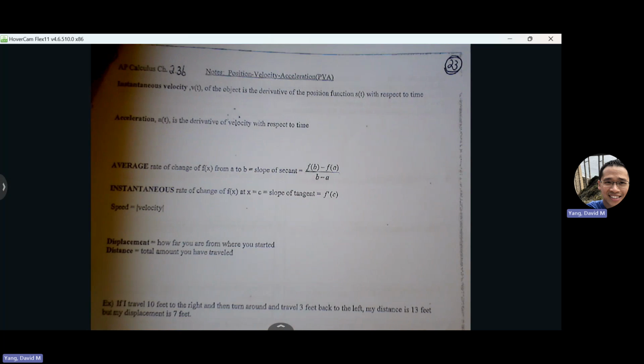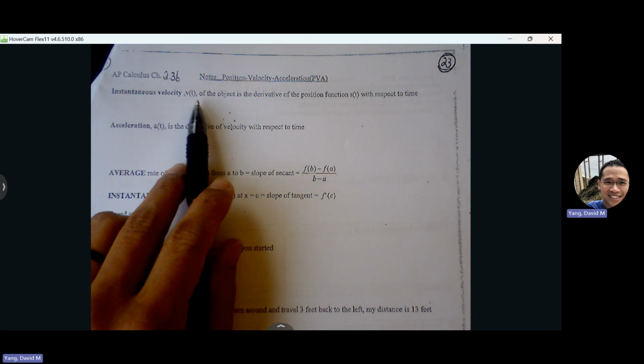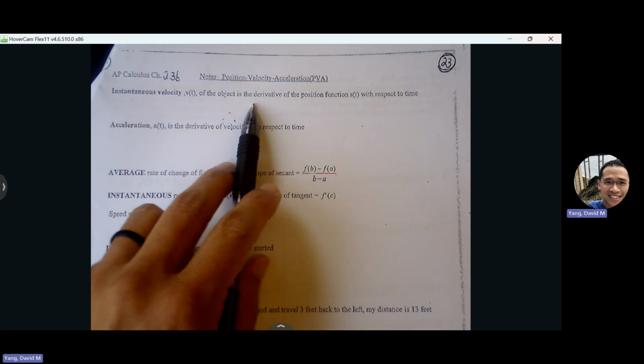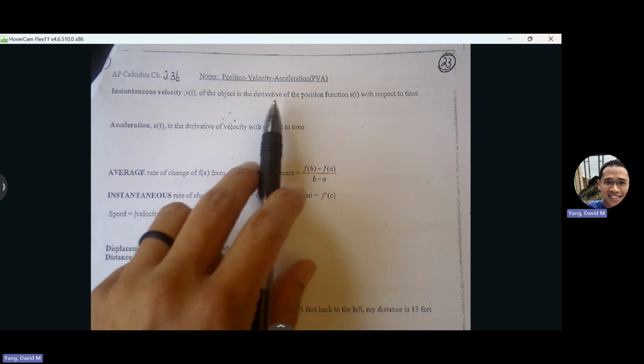All right, so let's look at page 23. We're going to talk about a derivative from a motion standpoint. So instantaneous velocity: the velocity of the object is the derivative of the position function with respect to time.